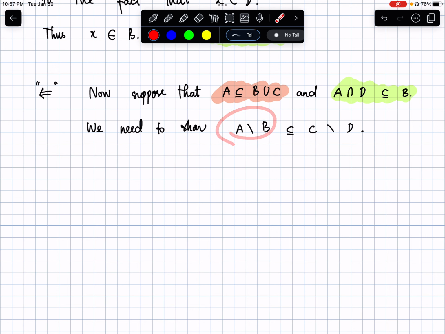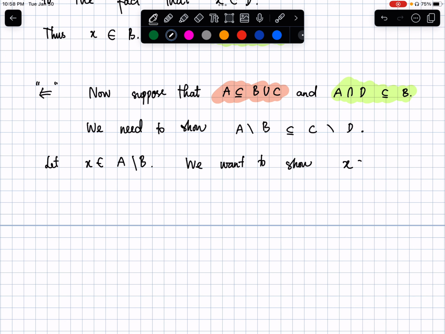Pick an element in here, show it's an element in there. So let x be an element of A minus B. We need to show x is an element of C minus D.